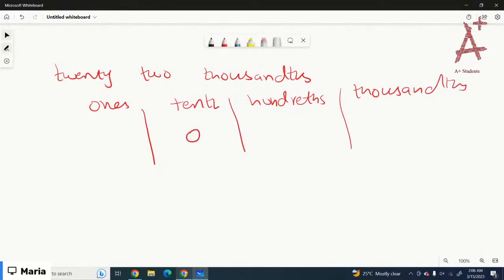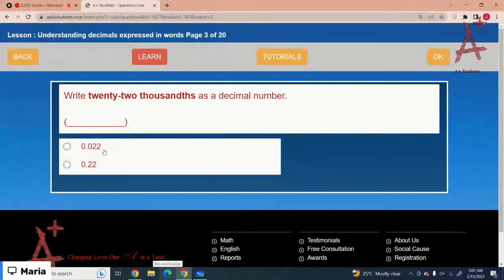That means you don't have any tenths digit, it would be just zero. You have the hundredths and the thousandths digit. It would be 0.022. Got it? So option number one is the correct option.